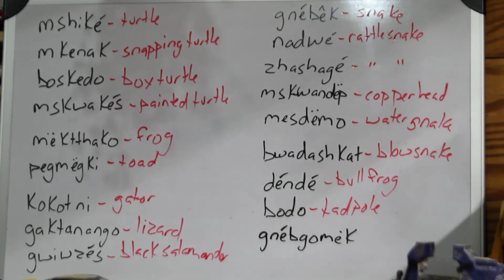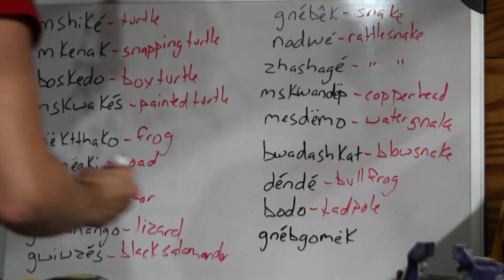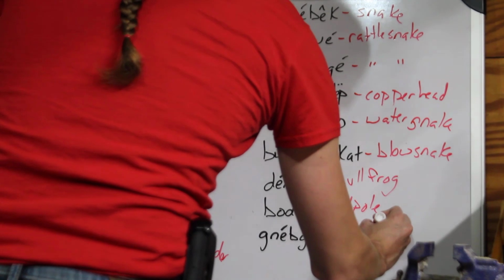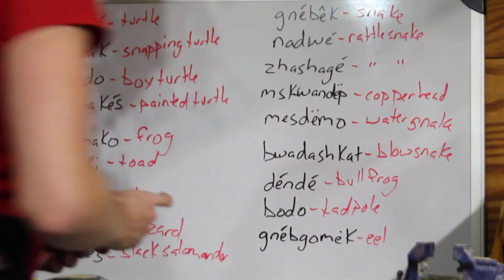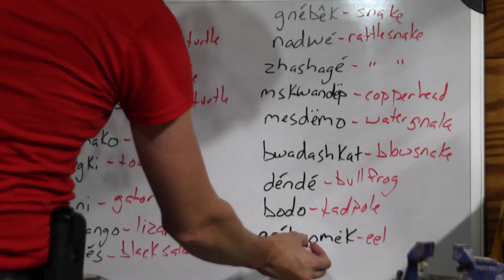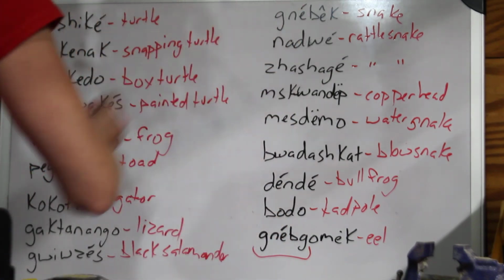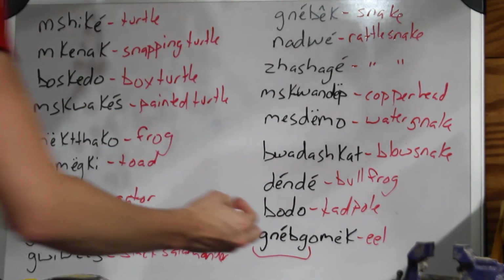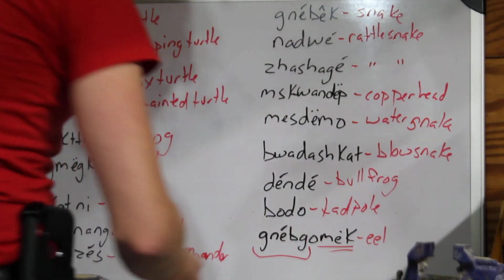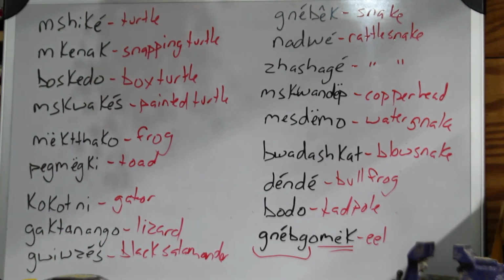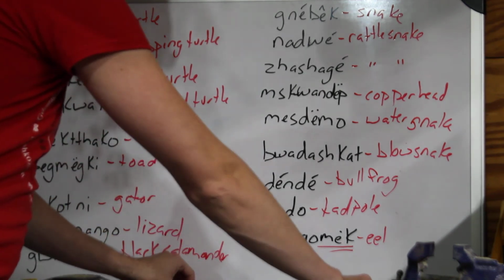And then the last one we have on here is Gnabagomek. Gnabagomek is how you would describe an eel. Right here you see Gnabuk for snake, or one that lays a long way. This mek, muck, mac, said different ways, describes a fish. So it means a snake fish, eel.